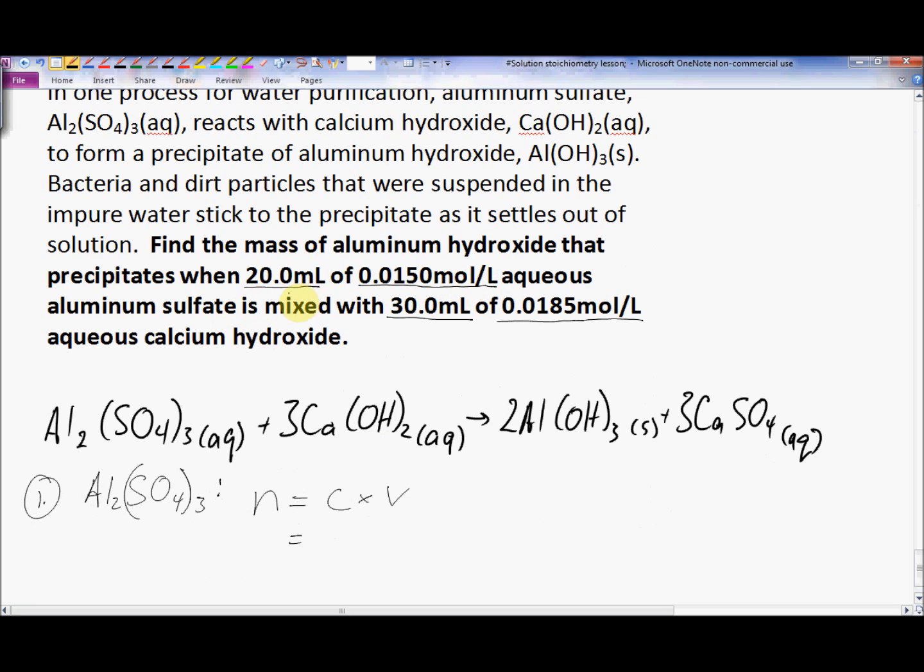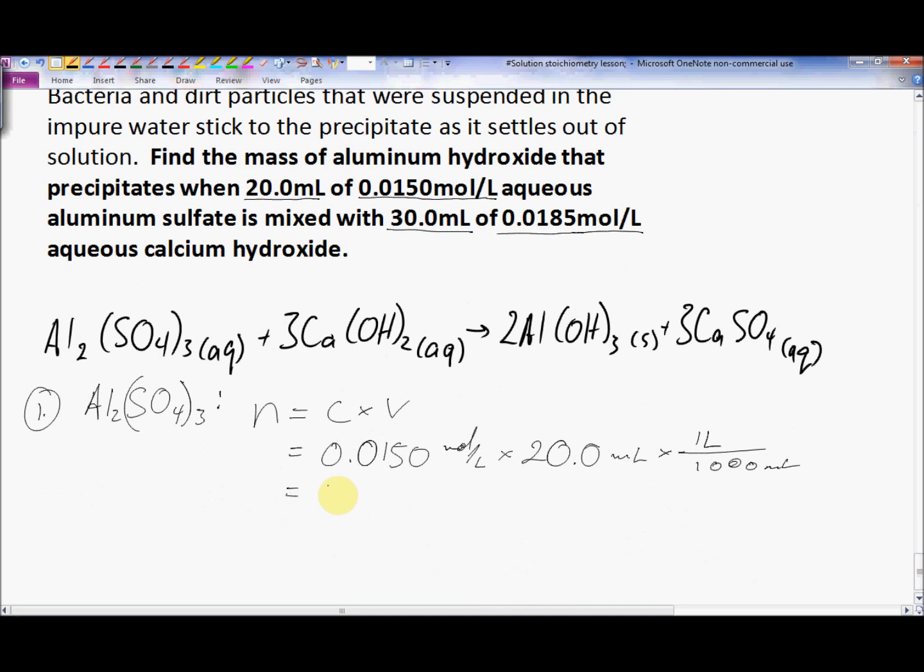The volume is 20 milliliters. Times 1 liter per 1,000 milliliters should work out to the number of moles being 3 times 10 to the negative 4 moles.